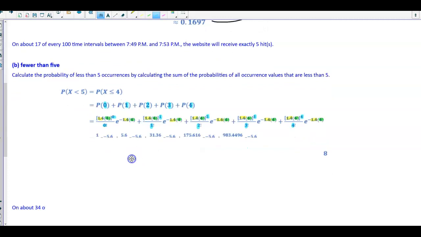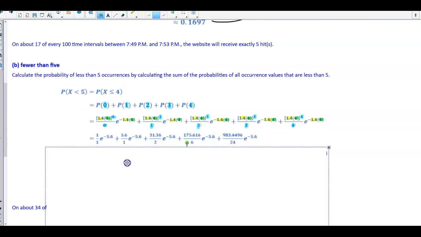So when we evaluate that, we can do the following in a step-by-step process. Anything to the 0 power is 1 and 0 factorial is 1. So this is 1 over 1 times e to the negative 5.6. 1.4 times 4 to the power of 1 is 5.6 over 1 times e to the negative 5.6 plus 31.36 over 2 times e to the negative 5.6.